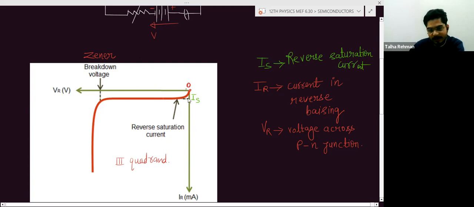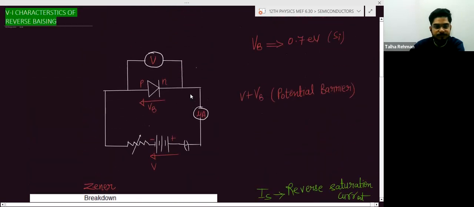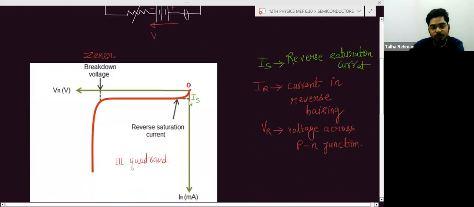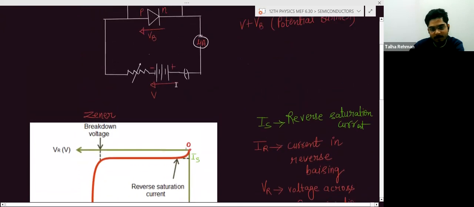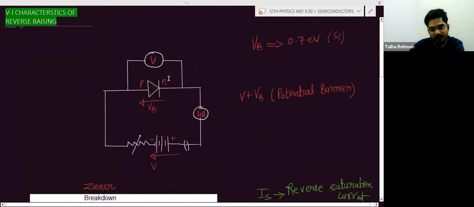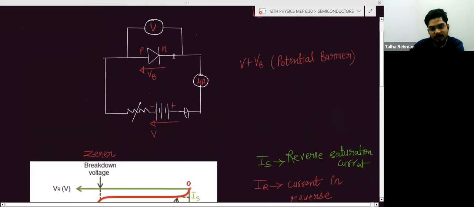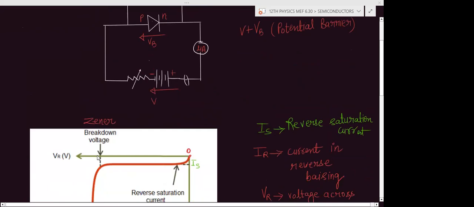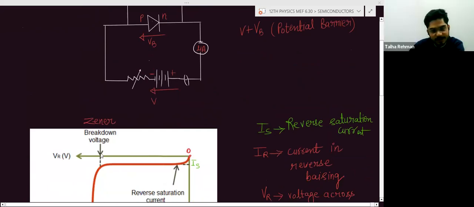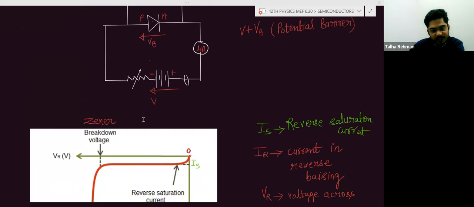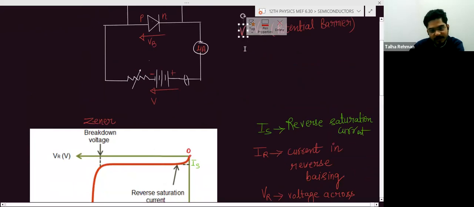So when you are increasing the voltage in the negative direction, there will be a point when this negative voltage becomes equal to the potential barrier.